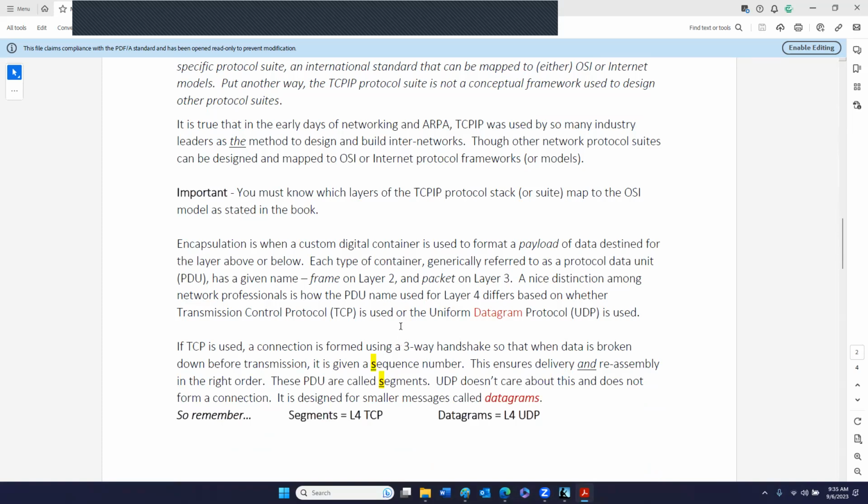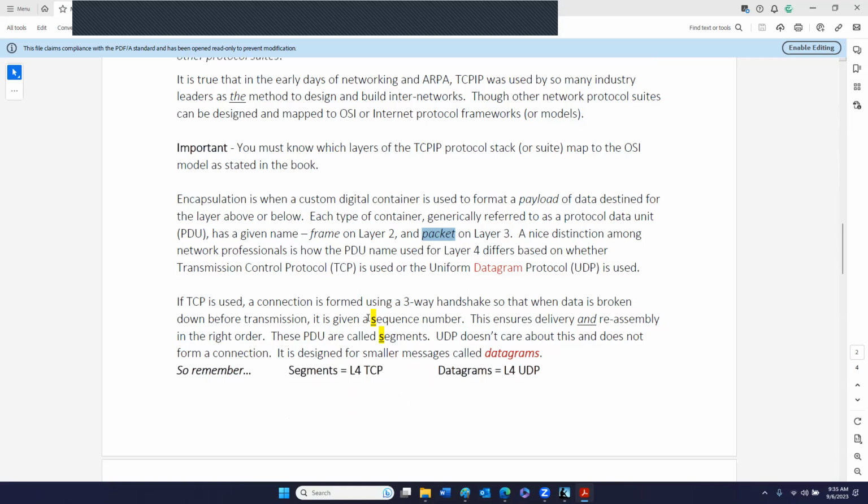There are consistent terms that this author uses with Comer. So the idea of a PDU is the protocol data unit or PDU. And those are named differently on different layers. So this should be a refresher for you, right? Frame on layer 2, packet on layer 3, and then segment if you use TCP, and then user datagram protocol.